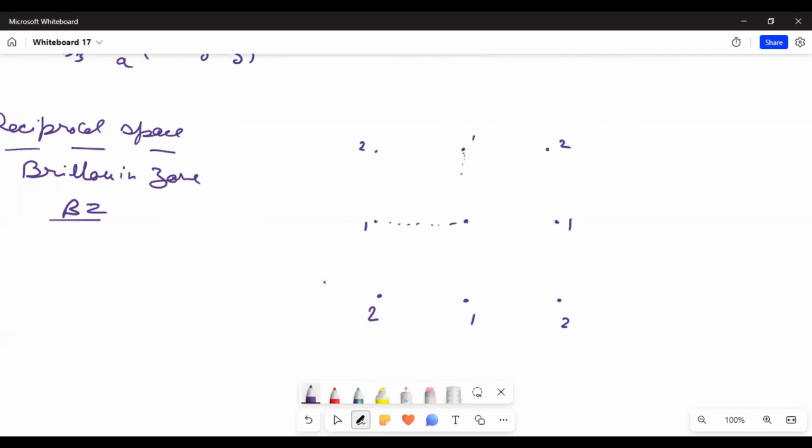And if we draw a line, and also attach this with the second neighbor, that's what I mean. Now for the first neighbor, let's do the perpendicular bisector. It will go like this, and similarly for this, and similarly for this.